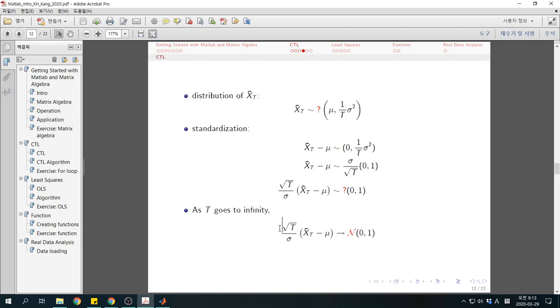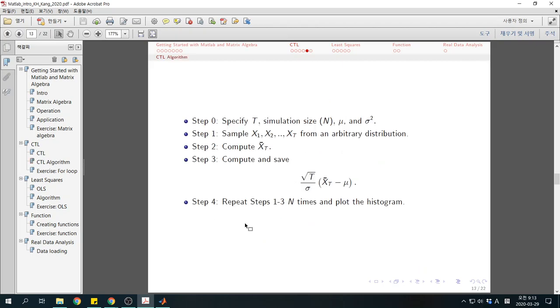We need samples drawn from this distribution. So here we need to specify the simulation size. How many samples do we need? We are going to pick n as 10,000, 100,000, whatever. The more the better.